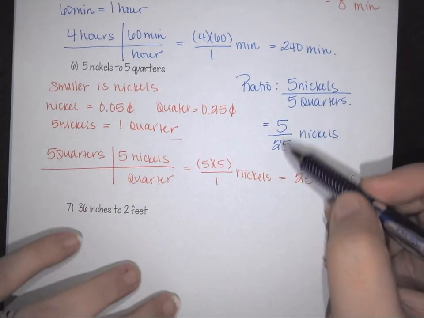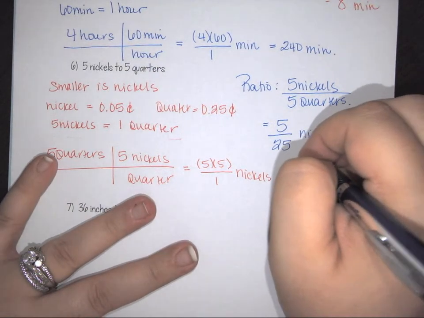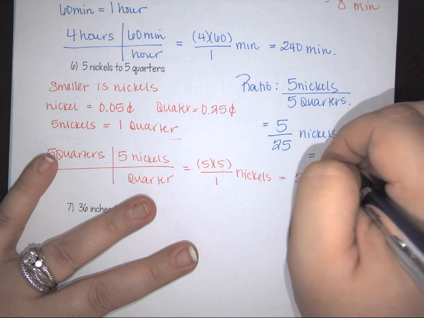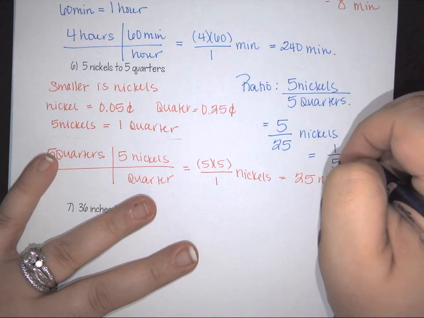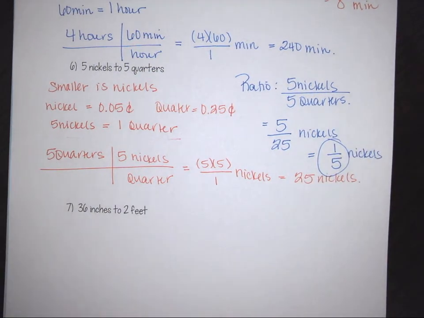And here we would go ahead and reduce. 5 goes into 25 5 times, so this is going to be the same as 1 over 5, and then technically we were talking about nickels, but we're looking at 1 over 5.